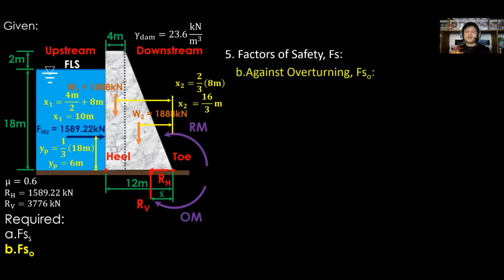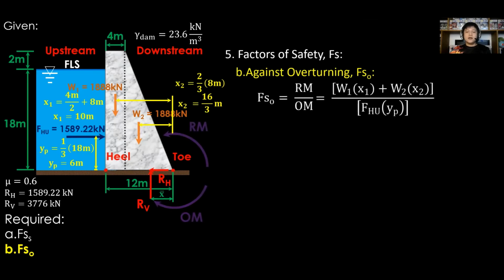Second is against overturning or Fs sub O. Fs sub O is equal to Rm all over OM. Resisting rotation moments are due to weights, while responsible of overturning moment is the moment due to hydrostatic force.